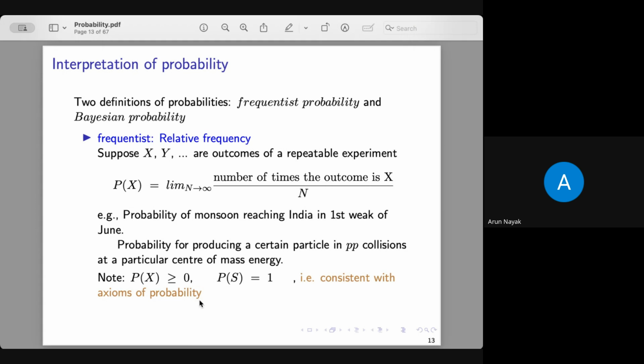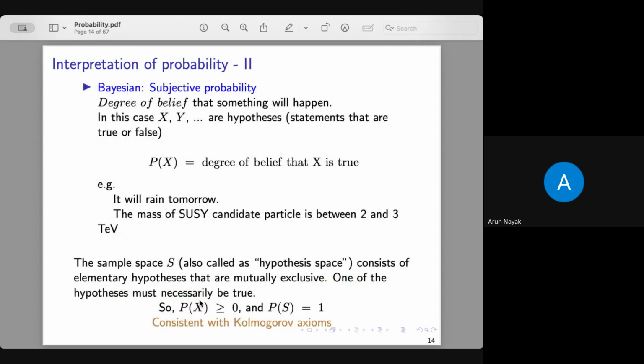Now, we have another definition of probability, which is called subjective probability or Bayesian probability. This is the basis for the Bayes theorem or Bayesian statistics. In this case, the probability is basically a statement or hypothesis that something is going to happen, or it assigns some degree of belief to a particular statement or hypothesis.